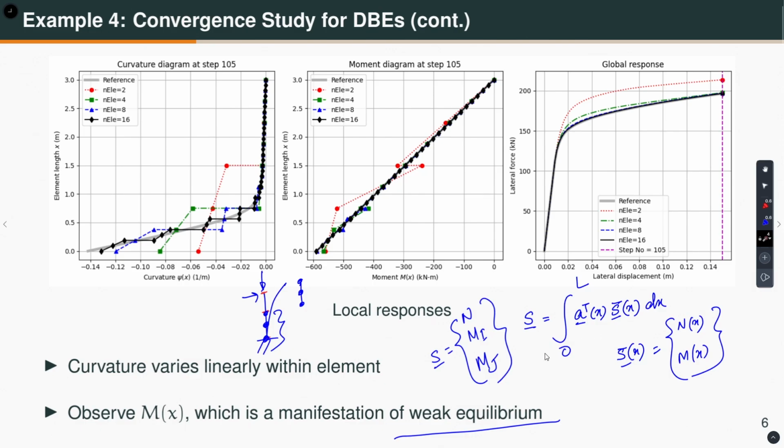Okay. So, because of this I am calling it a weak equilibrium condition. We are getting this problem, but if you keep increasing the number of elements, the result is matching, and so is the case for the global response. You can see lateral force versus lateral displacement. As you increase the number of elements, it is basically matching quite well.